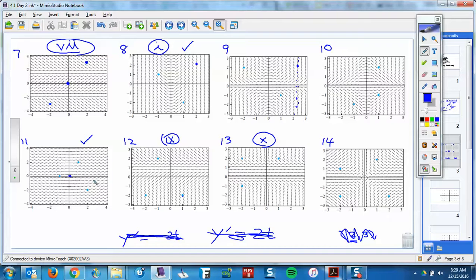No, sine of pi is, wait a minute, what am I doing? I'm putting in x's, okay? So if I put in an x of 3, why is that not looking like 2?